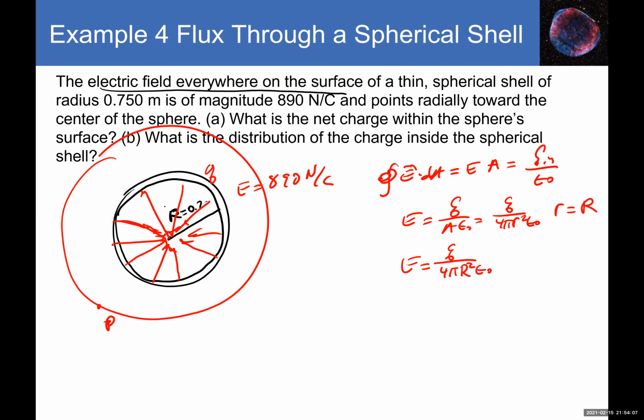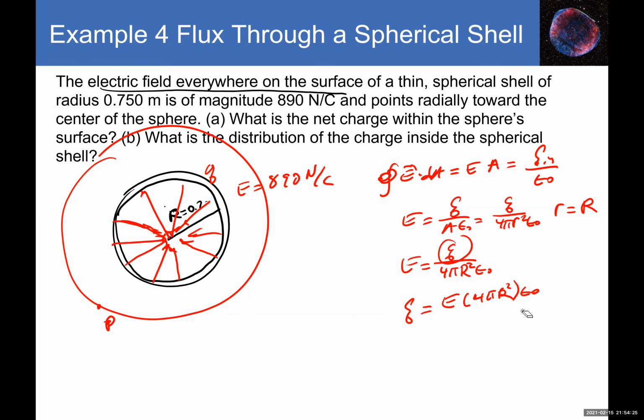Now, our goal is to find this Q, because we have the electric field and the radius. So rearranging, Q is equal to E times 4 pi R square times epsilon naught.